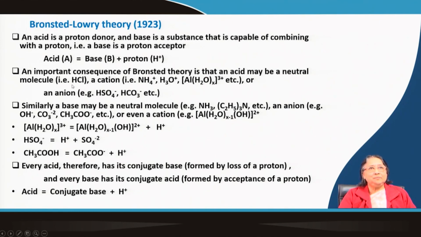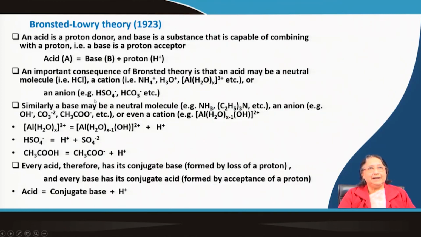For example, by this Bronsted theory we can explain several types of molecules. If it is a neutral molecule like HCl, then we can explain why it is an acid. If it is a cation, for example, ammonium ion or hydronium ion or even some aqueous complexes of aluminum, then also we can explain why it is an acid, or even some anions like bisulfate or bicarbonate.